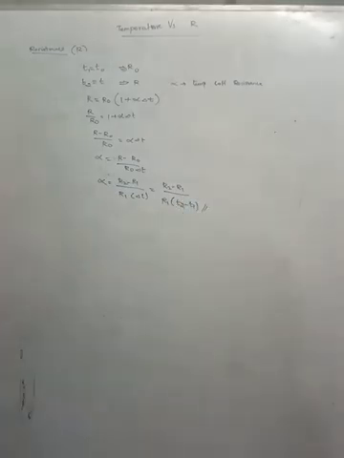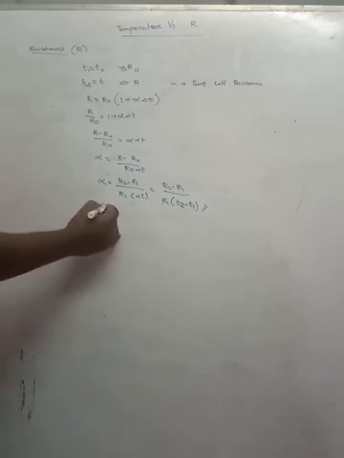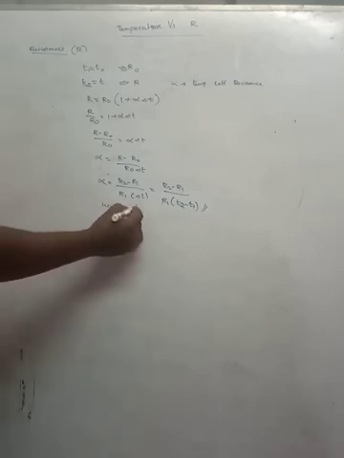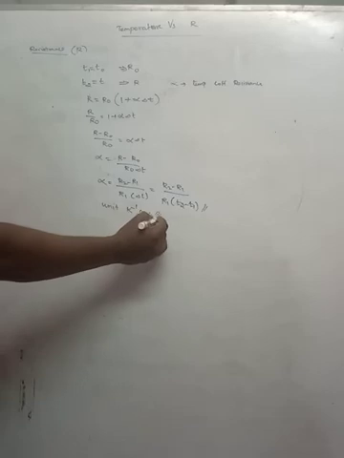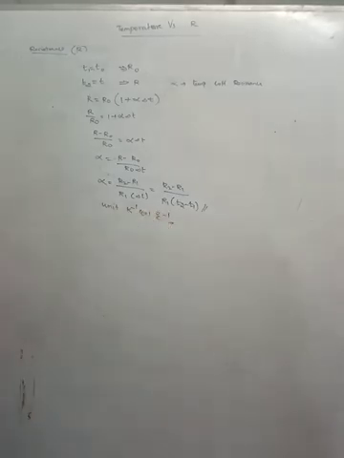This is the formula for the temperature coefficient of resistance. Here also the unit will be Kelvin raised to minus 1 or degree Celsius raised to minus 1. So this is all about the variation of resistance with temperature.